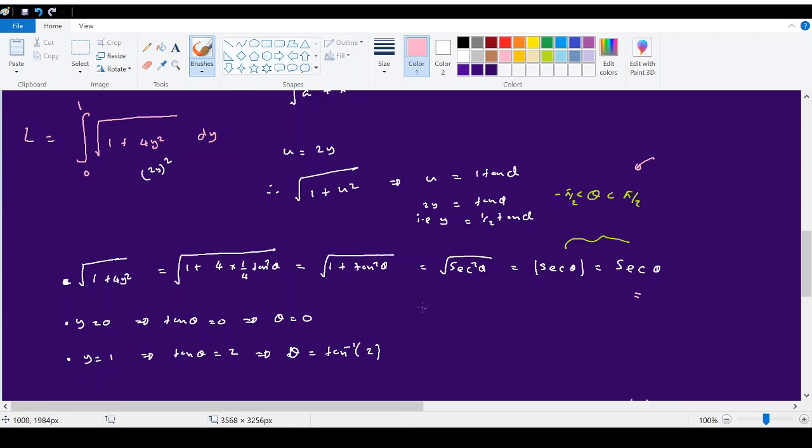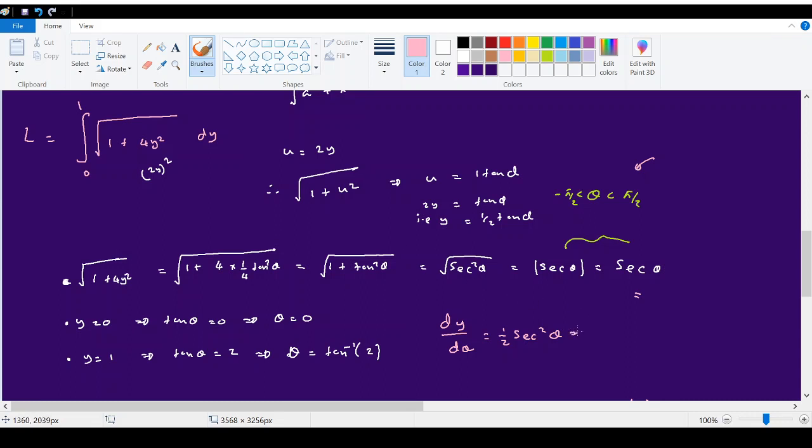Here also we need the corresponding d theta value, and that can be obtained by differentiating the above equation with respect to theta, which gives dy by d theta equals half sec squared theta.